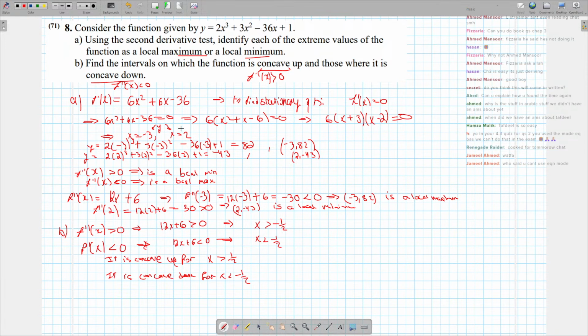Who said you can't use equation mode? It's because non-integral calculators do not have equation mode. Is there any question about this?